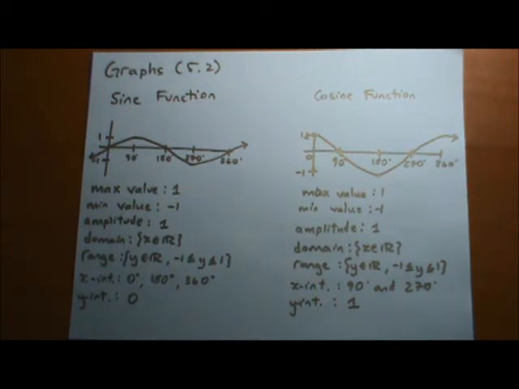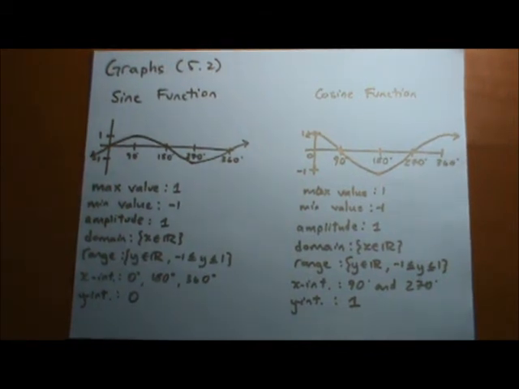Below this, you have all the characteristics of the sine function. To your right, you have the cosine function, which intersects the x-axis at 90 and 270 degrees, which is the exact opposite of the sine function. Below the graph, you have the characteristics that describe the cosine function.